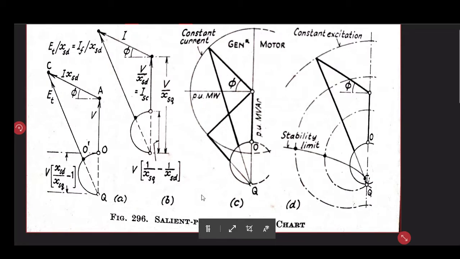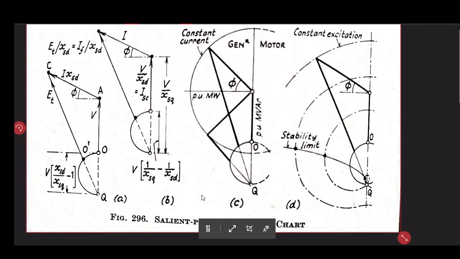Now let us start our discussion from figure C. Figure C shows the excitation corresponding to full load current, for a leading load and at a lagging power factor. These are shown in your figure C.